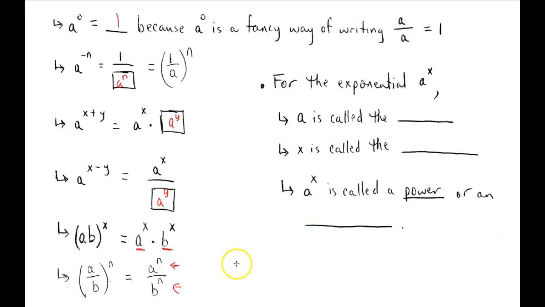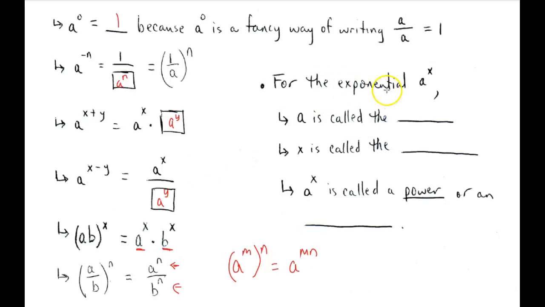We also have another exponential rule, not written on here, which says that if we have a raised to the power of m multiplied by itself n number of times, then we can just multiply the exponents together, and that will give us the result.